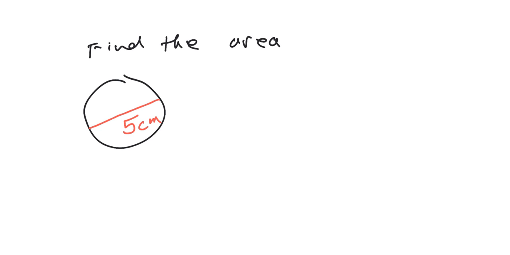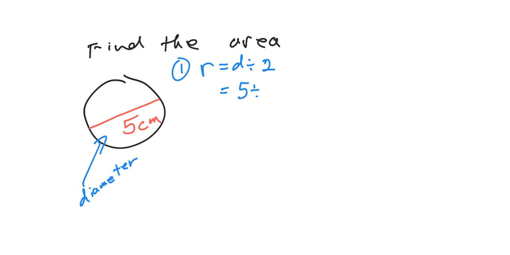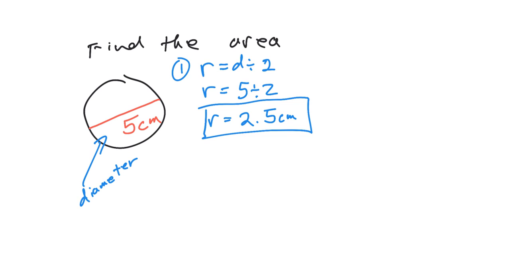The first thing that we did was we made sure that we found our radius. The radius is equal to d divided by 2. Remember, this is the diameter. So now all we're going to do is take our distance across a circle, which is our diameter, divided by 2. So we have 5 divided by 2, which means our radius is equal to 2.5 centimeters.